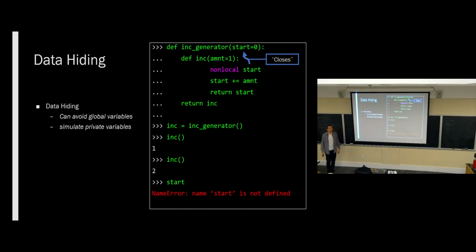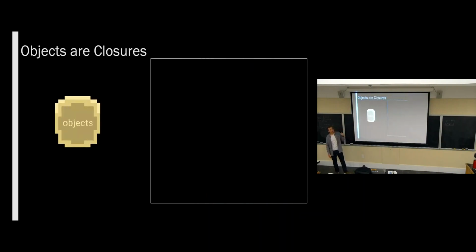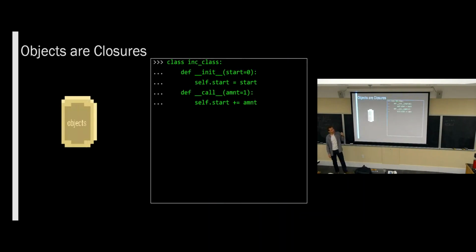That's kind of nice. Does this code look familiar to anybody from last lecture? I had this exact same code in the last lecture. These lines here. Turns out, closures and objects are very similar. Last lecture, we wrote something like this.